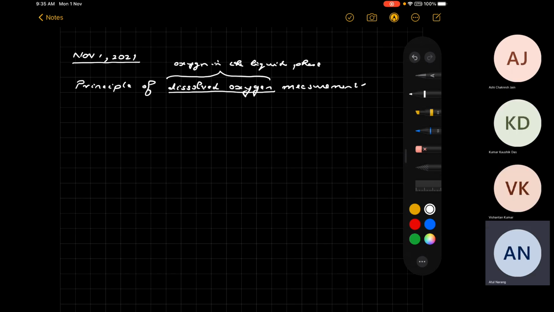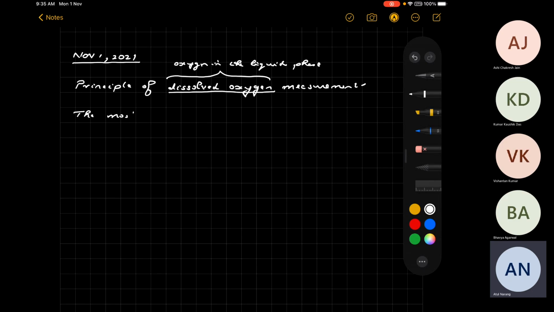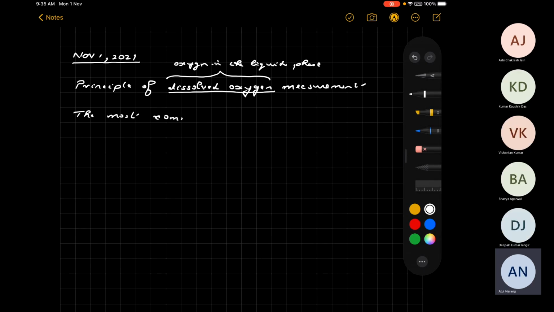And the most common method, there are actually many, many ways, and new technology is coming up now. But the most common method is, I think, the one that was developed, if I'm not mistaken, in the 60s and 70s, the electrochemical method.